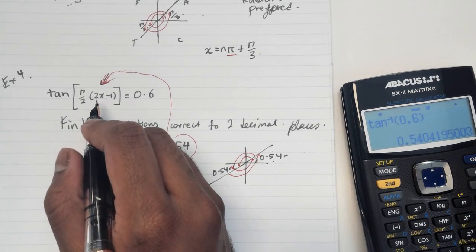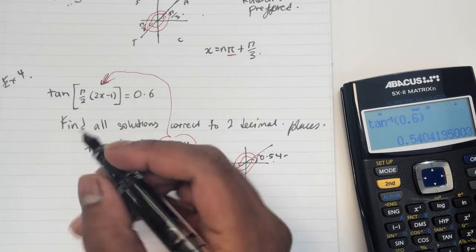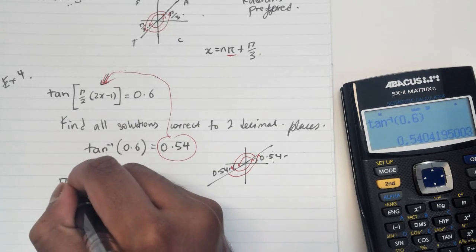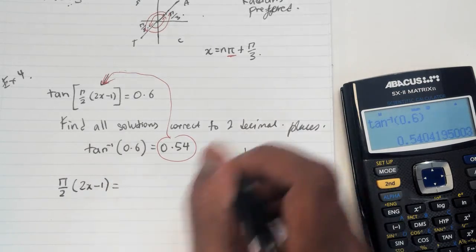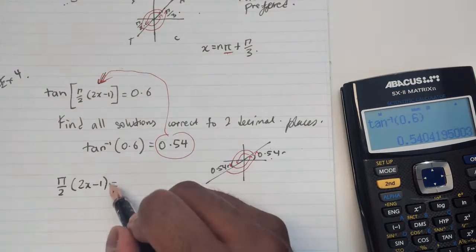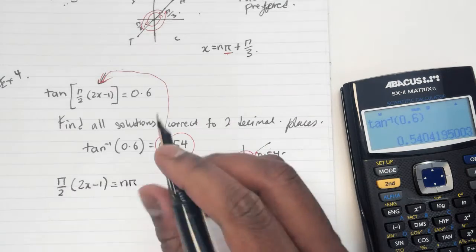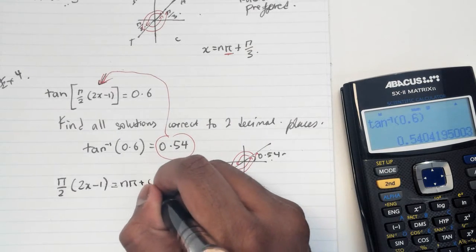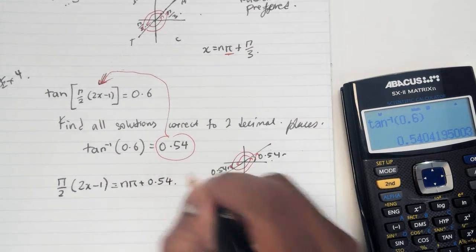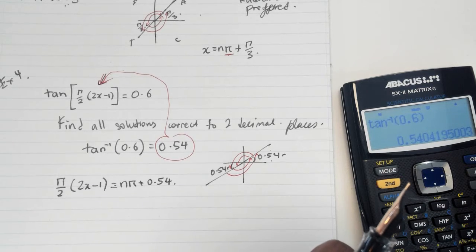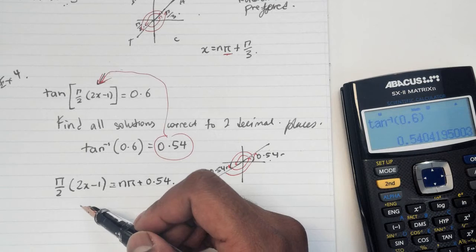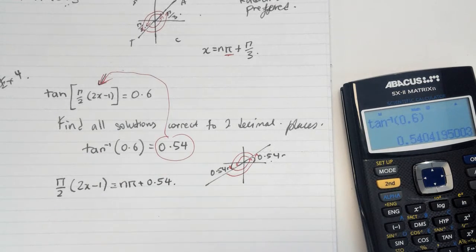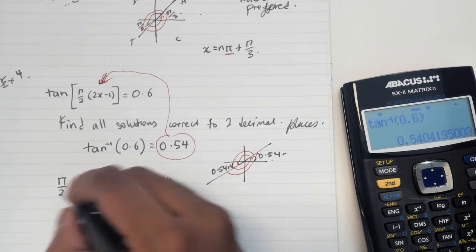So that should equal, so pi on 2 brackets 2x minus 1 equals n times pi plus 0.54. Normally that would be x, but it's not x. It's this big thing. So we're just going to have to move it around.